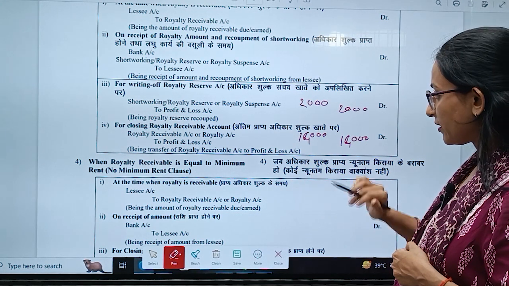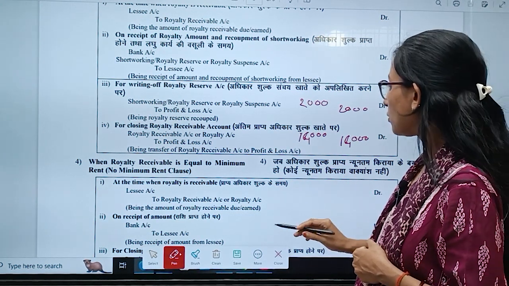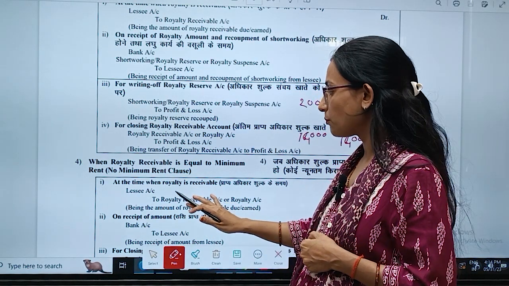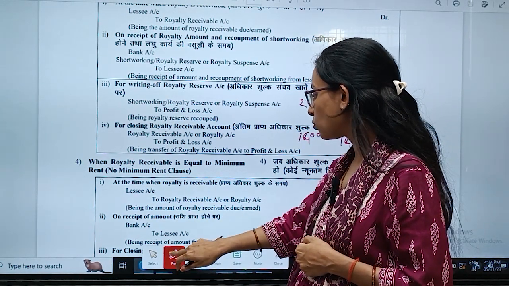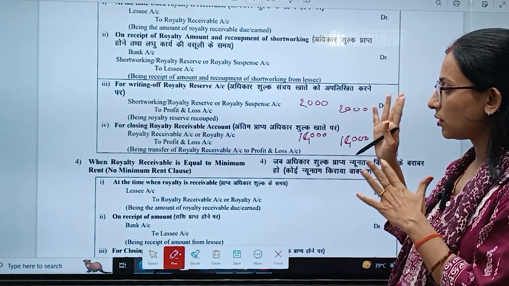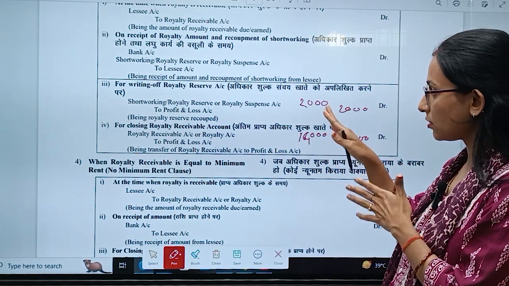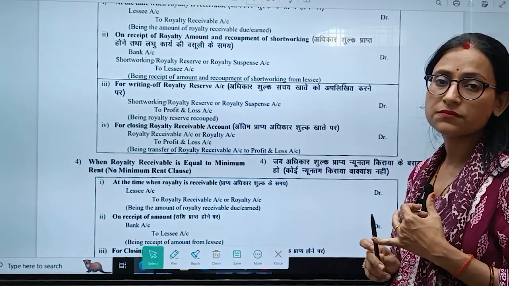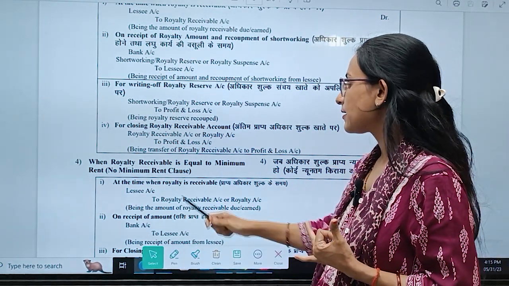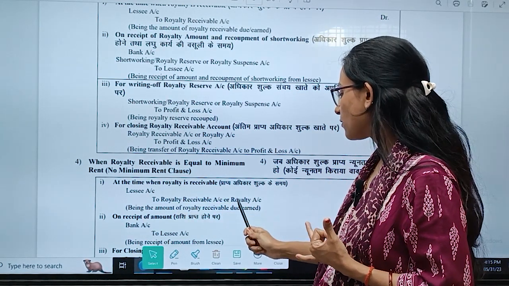Now in the next situation, when the royalty receivable is equal to minimum rent. This is a very simple situation, because in this case we don't have to do anything, we just have to copy the same journal entry which we passed in the first case, when the royalty is due or royalty is earned. In that case, lessee account debit to royalty receivable.